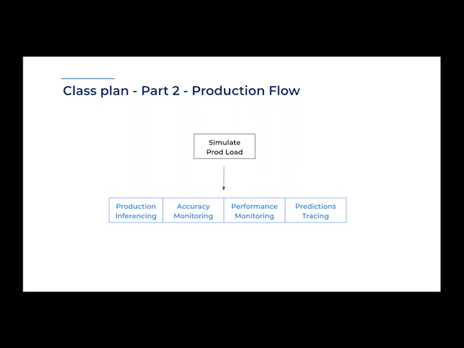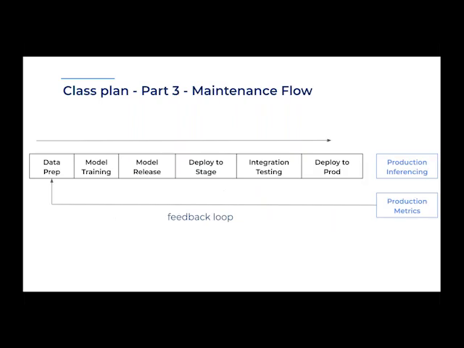We will watch accuracy metrics and performance metrics, and trace predictions, some edge abnormal predictions or even normal predictions, basically showing the observability of our production system in action.